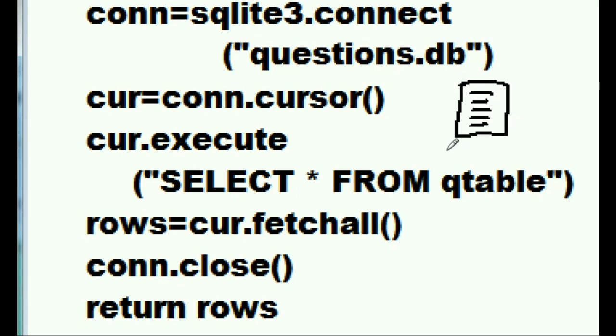Whenever you do a query, all those records are placed into a cursor. Con is told to make a cursor. Cursor control and management will be turned over to the variable cur. Cur is then told to execute the following SQL command: select everything from the Q table. That's the table within your database called questions.db.